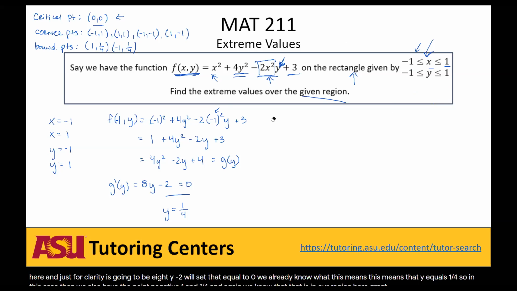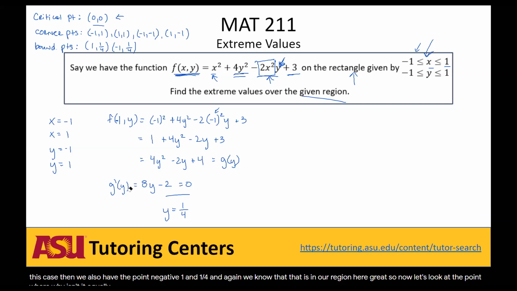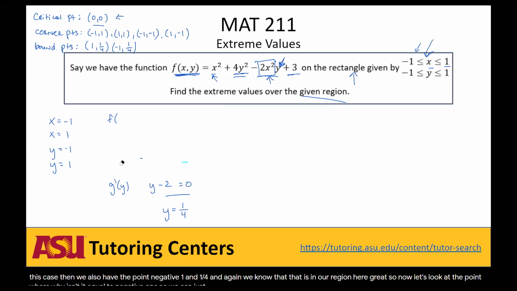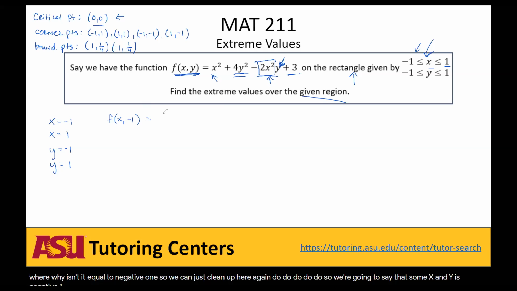Great. So now let's look at the point where y is equal to -1. So we can just clean up here again. So we're going to say that y is -1. And so that'll be x squared plus 4 times -1 squared minus 2x squared times our -1 here plus 3.